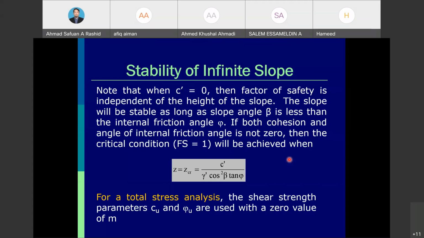We may discuss some examples on how to determine the factor of safety by using all of these approaches.